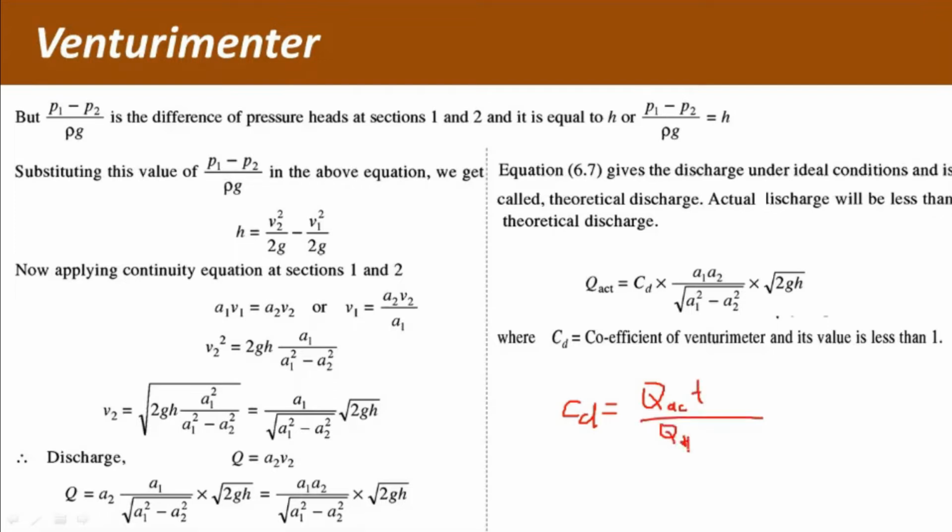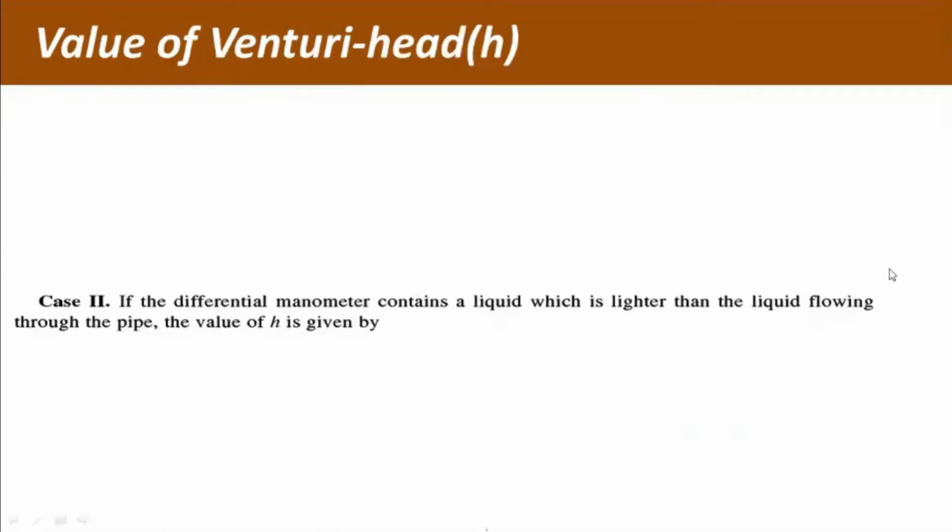This theoretical flow rate can be calculated by using this formula: A1 A2 upon under root of A1 square minus A2 square into under root of 2g. If you multiply theoretical by Cd, you will get Q actual. The value of coefficient of discharge for Venturi meter is 0.98 to 0.99. So all this we had seen in our last lecture.